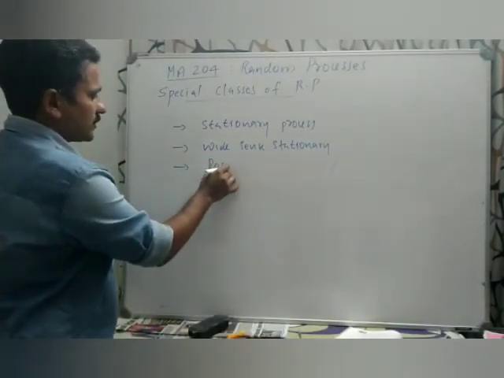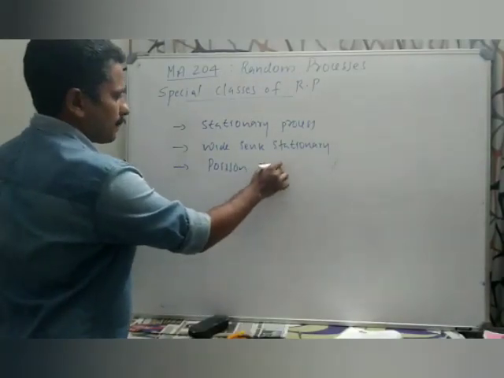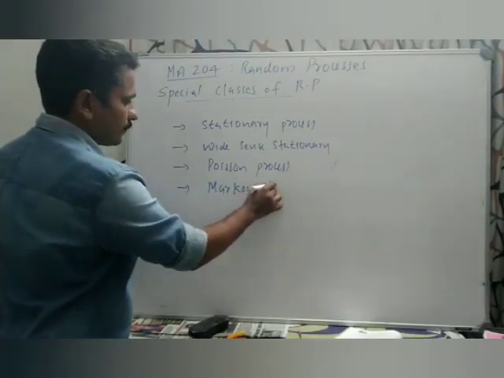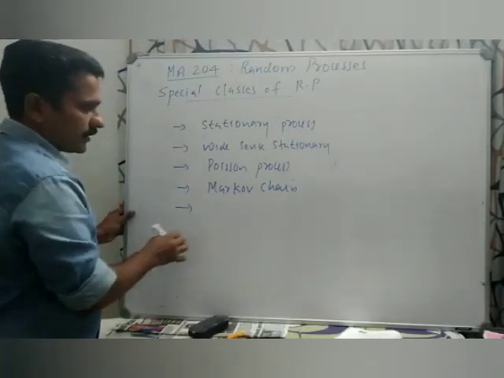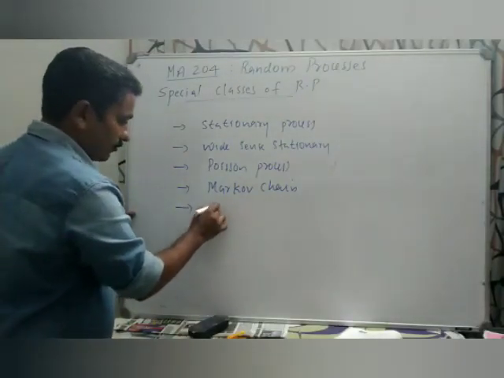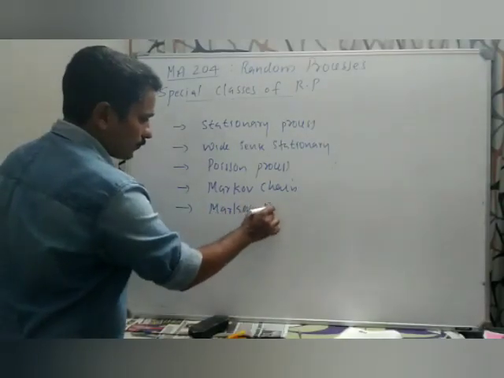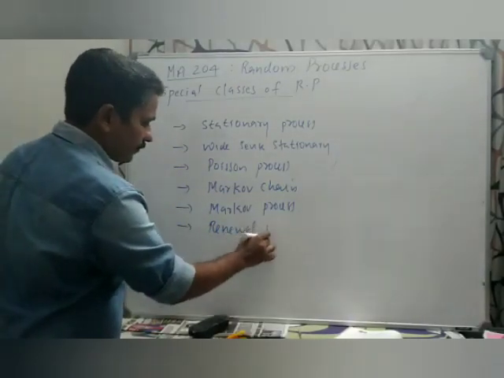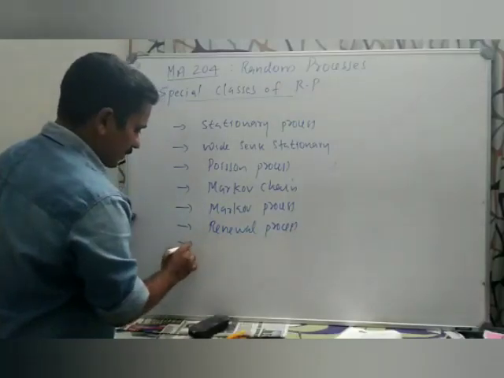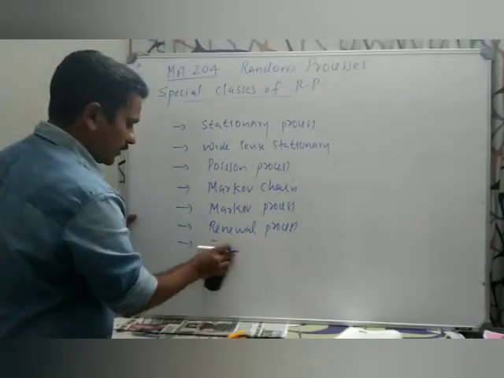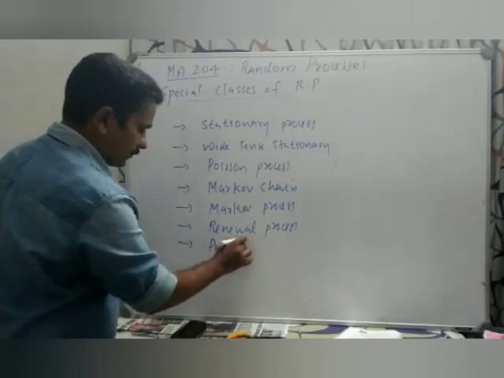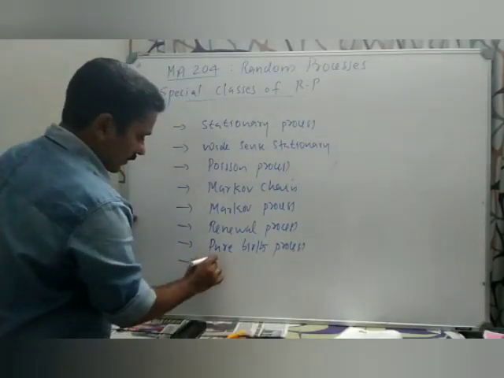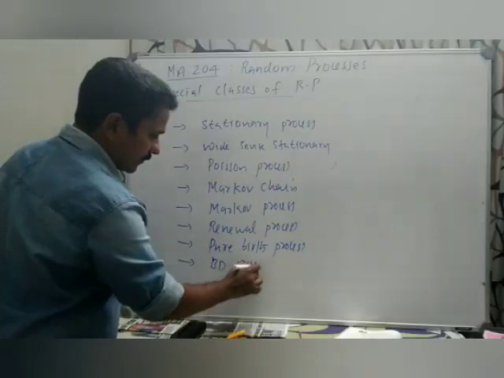Then Poisson process, then Markov chain, then Markov process, renewal process, then pure birth process, then birth and death process, and so on.